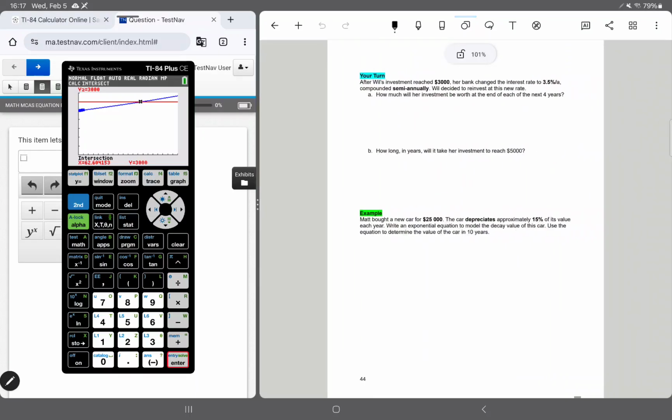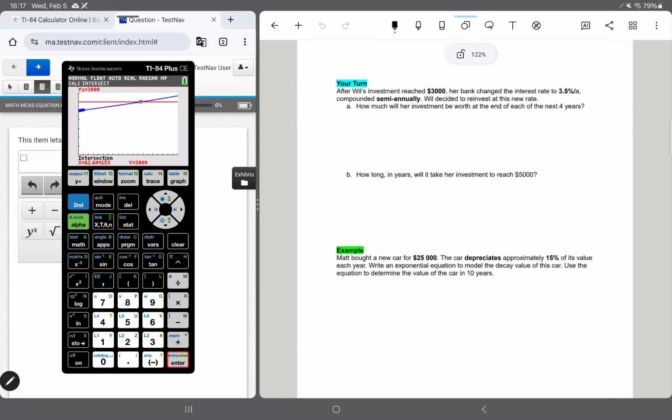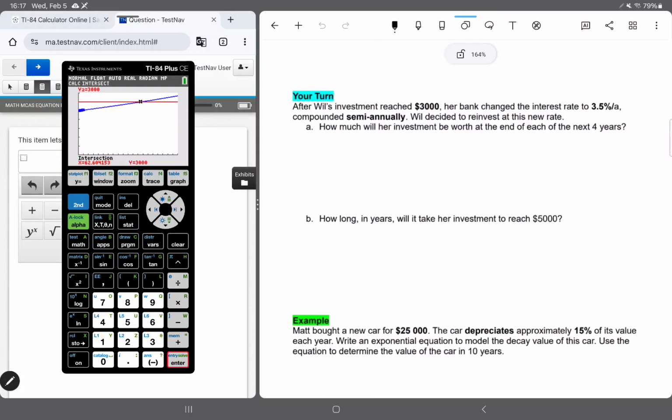All right, another your turn. So again, try it yourself, come back and see. Okay, I have an A value, I'm appreciating, and I have a compound of semi-annually. So y equals 3,000 times 1 plus 0.035, my rate as a decimal, divided by 2 because I'm semi-annually, and adjust my time for that as well.